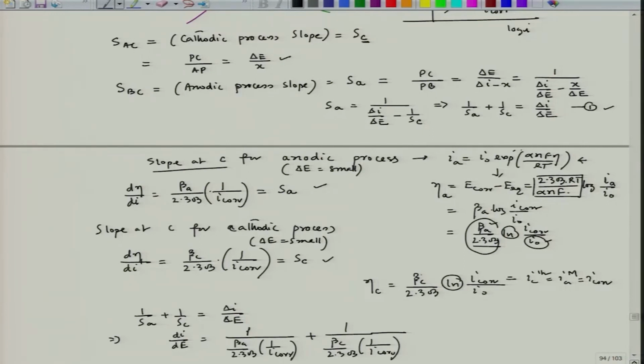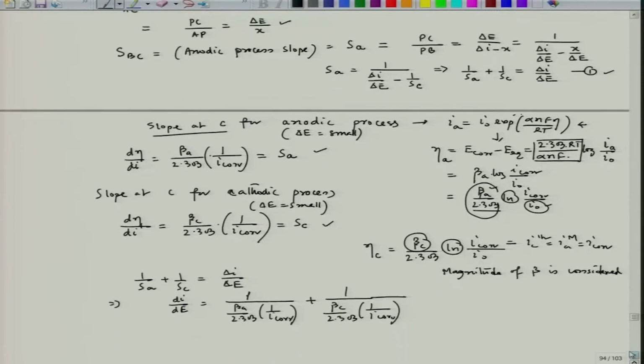Another thing is, in the case of βC we are just considering the magnitude of β, since the negative sign just indicates the direction of current flow, the cathodic current flow.